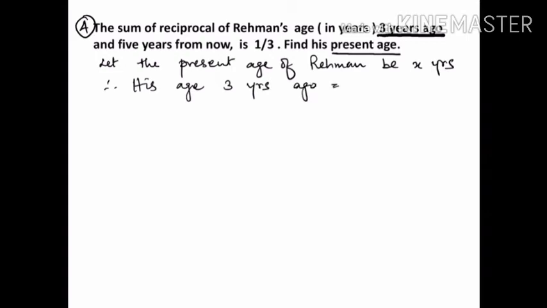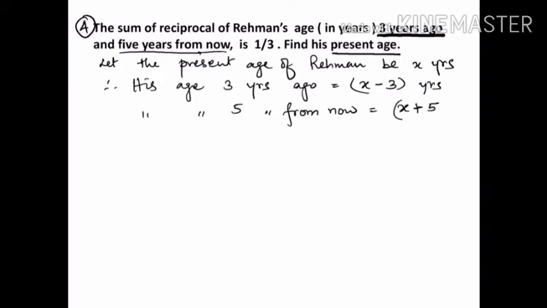Three less in x, so that is x minus 3. Then what will be his age 5 years from now? We will add 5 to his present age.